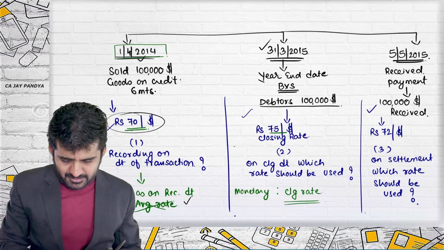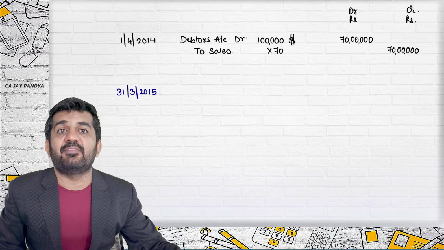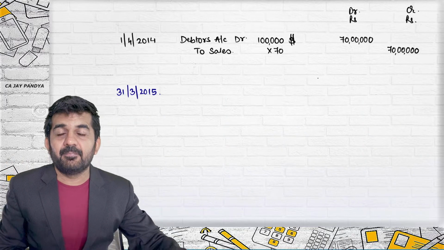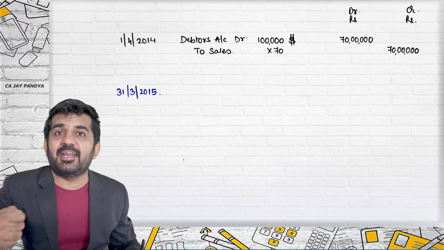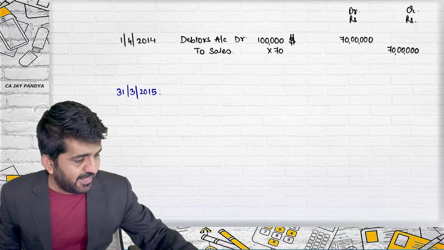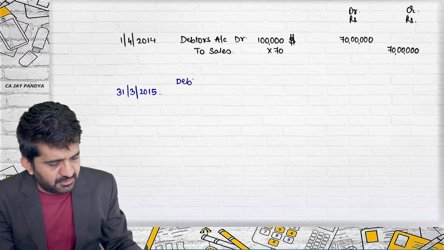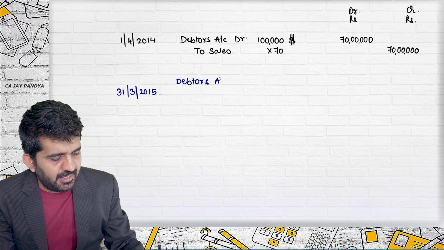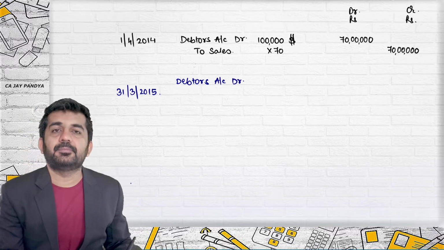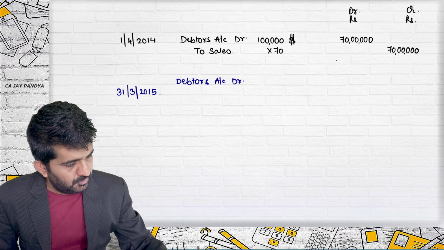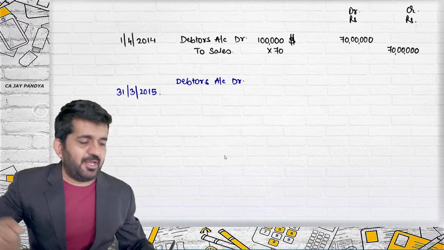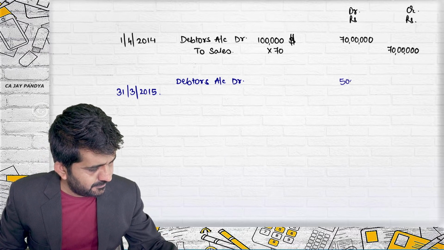So debtors should be recorded at 75 lakh rupees. But sir, it is already recorded at 70 lakh rupees. Agreed. So I will have to debit more to the debtors account. How much more is to be recorded? It is 5 lakhs.